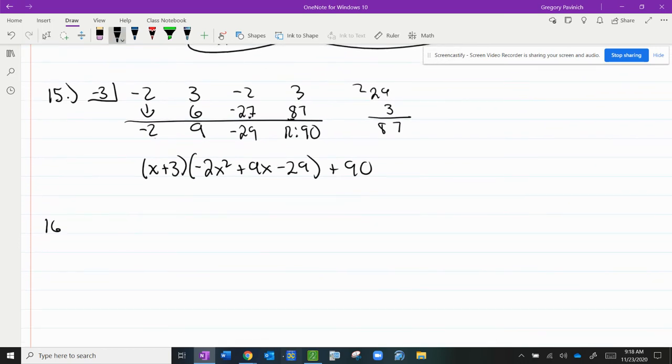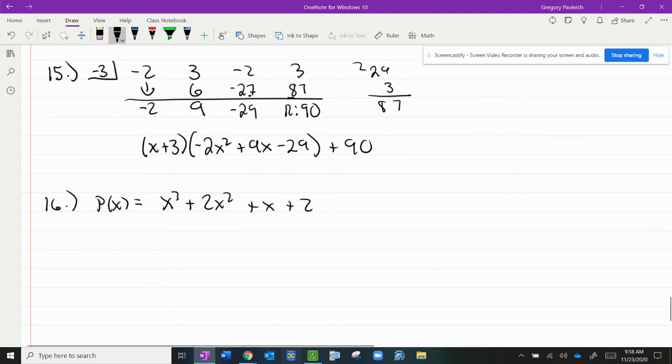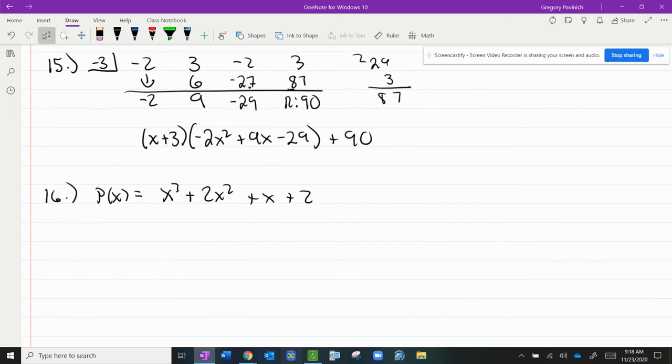And number 16, almost done. It says if I have p of x is equal to x cubed plus 2x squared plus x plus 2, it has a factor, so let's synthetically divide it. 1, 2, 1, 2, and 1, -2, 0, 1, 2.